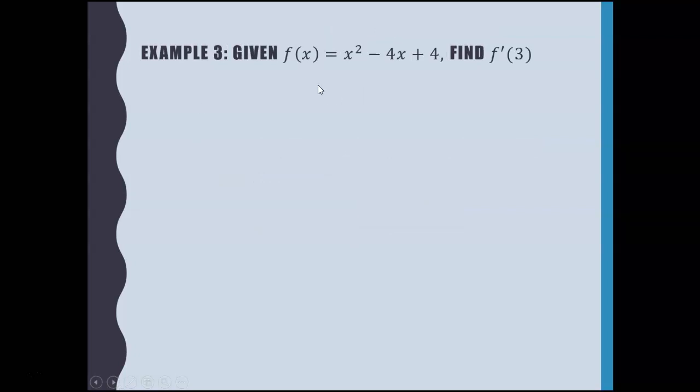So we can use the alternate form to find the derivative at a point. And if you notice, this f of x should look familiar, as is the point we're finding it at.